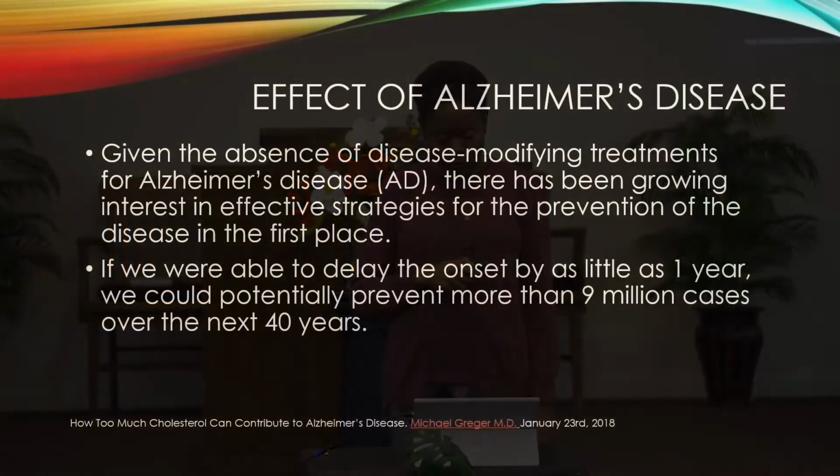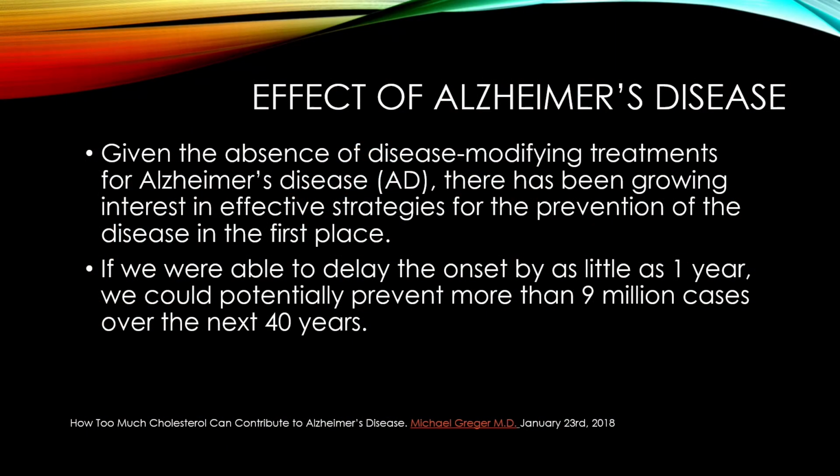Okay, just some other statistics: if we're able to delay the onset of Alzheimer's by as little as 1 year, we could potentially prevent more than 9 million cases over the next 40 years. 9 million cases. And remember how the statistics show that 5 million are affected right now?